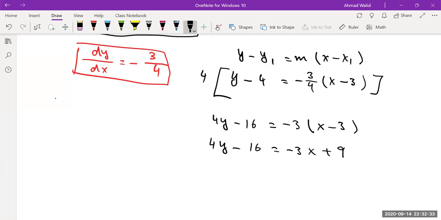Now, you can write the equation in standard form. You can write your equation in slope-intercept form. Whichever way you like, you can write it, right? Let's write this one in standard form. It means I will add 3x to both sides, and I will add 16 to both sides.